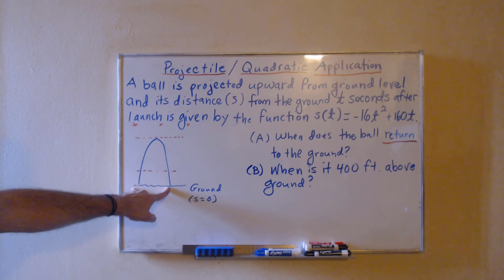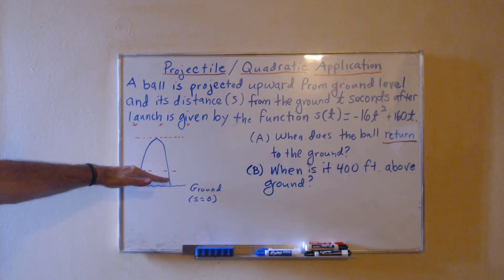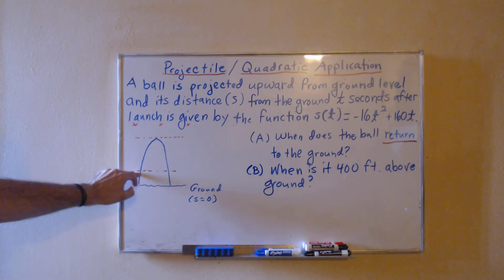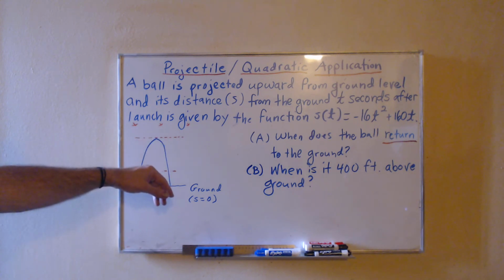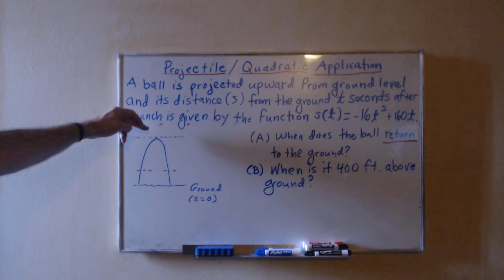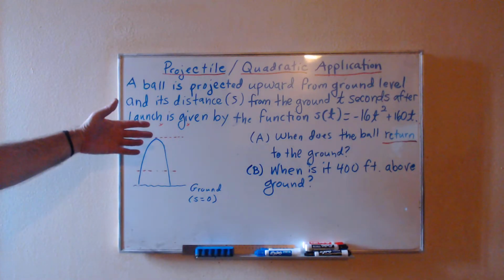Everywhere in between, until we reach that maximum height, there will also still be two values of t where it's at the same height on the way up and coming back down. It's never going to get above a certain maximum height, but we don't know what that maximum height is.